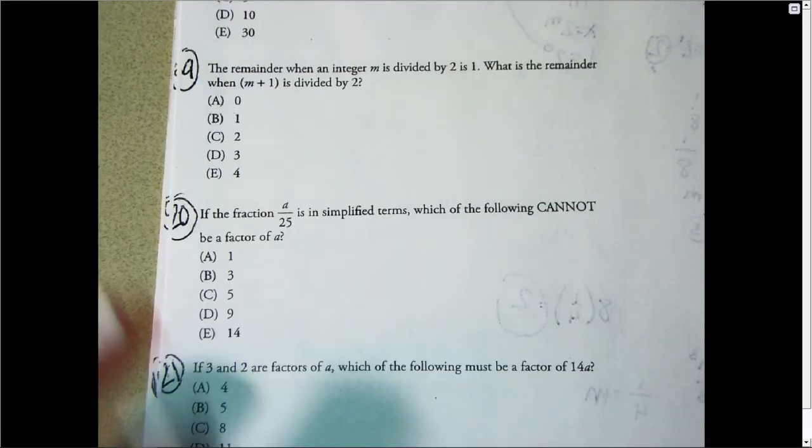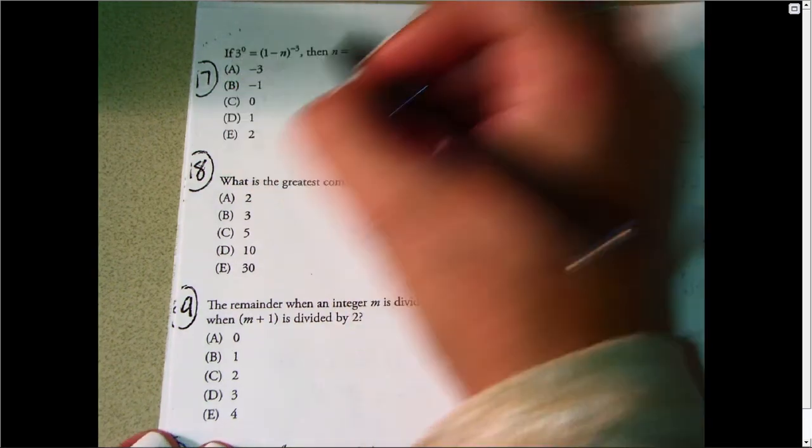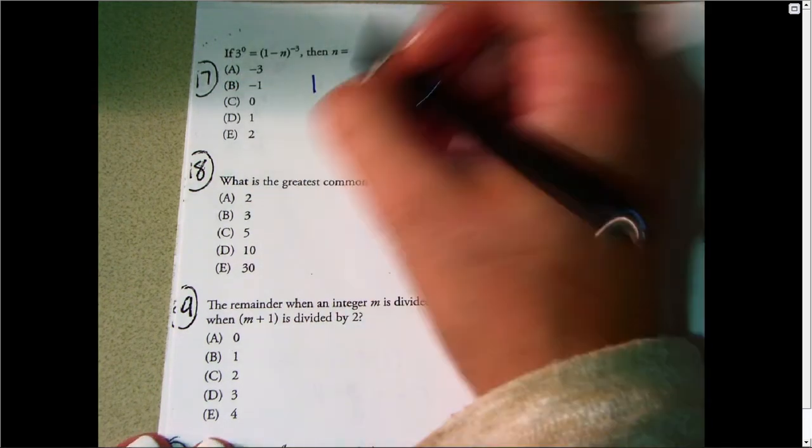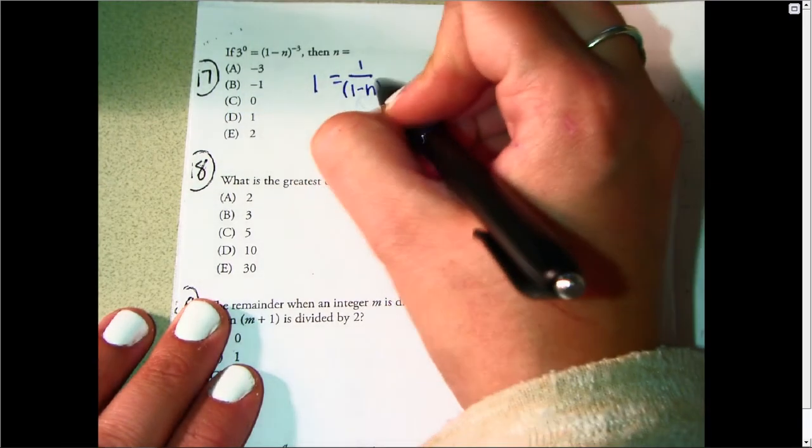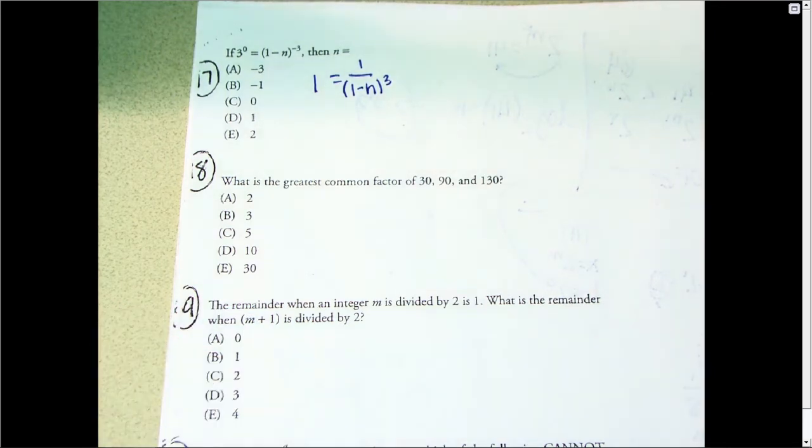Okay, on the back, 17. If 3 to the 0 equals 1 minus n raised to the negative 3, then n equals blank. So 3 to the 0, let's go ahead and simplify that to 1. This has a negative exponent, so I'm going to put it in the denominator of my fraction, making it positive.